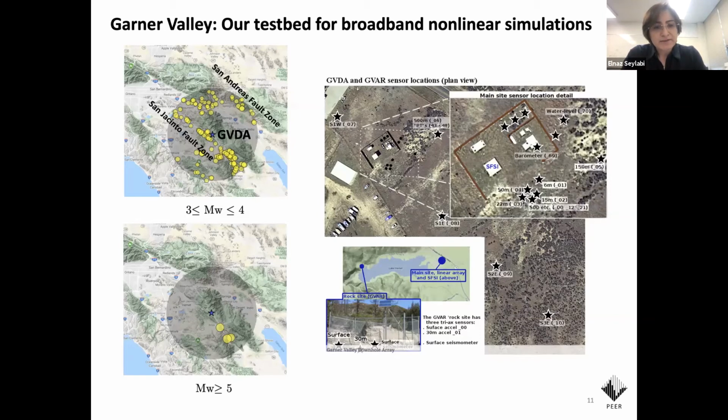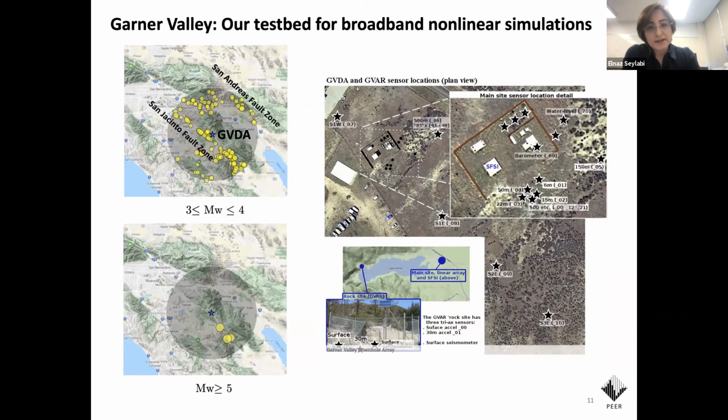To date we have different magnitude earthquakes recorded there. The largest one within 50 kilometers of the Garner Valley downhole area is about 5.4. This is also one of the well-instrumented sites. It's used a lot for verification and validation purposes in site response analysis and also soil-structure interaction problems.